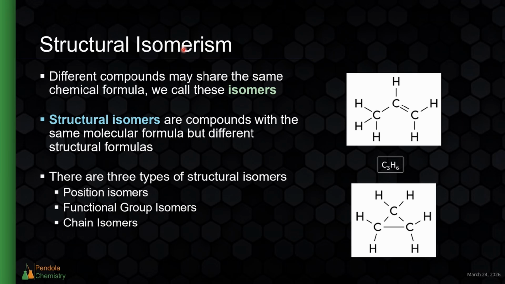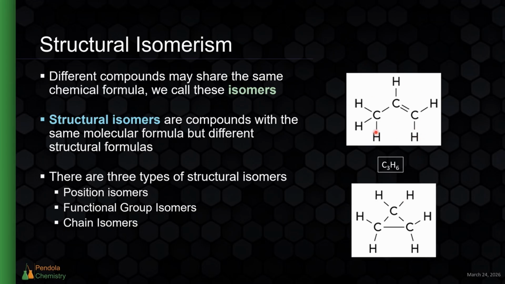Different compounds may share the same chemical formulas, and we call these isomers. So an isomer is simply a compound that shares the same chemical formula as another compound, but is indeed a different compound. For example, here we have two different compounds, and these are isomers of each other.